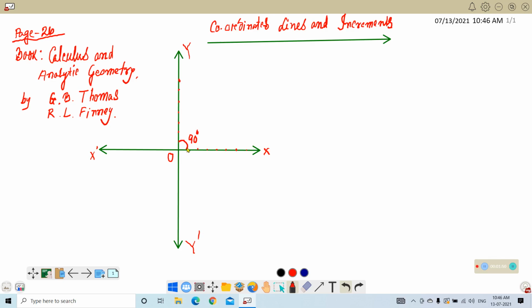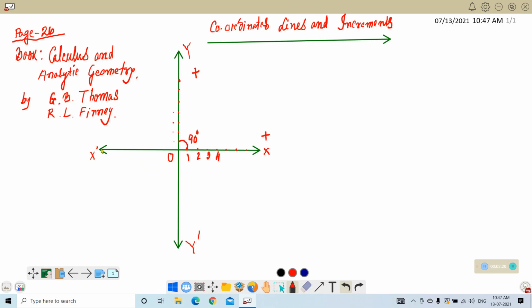Each section or segment is a unit: 1, 2, 3, 4, and so on. Similarly, along the y-axis, the segments are all units: 1 unit, 2 units, 3 units, 4 units along the positive y-axis and along the positive x-axis.